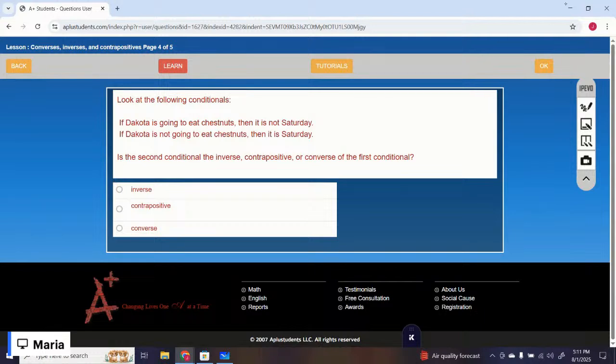That is the inverse. Option number one is the correct option. Inverse it is.